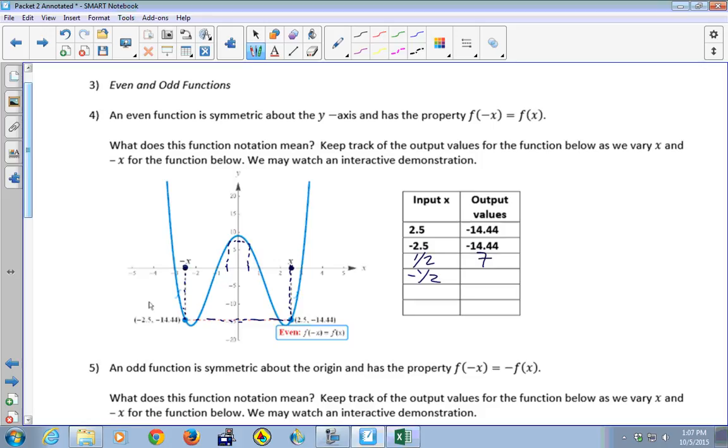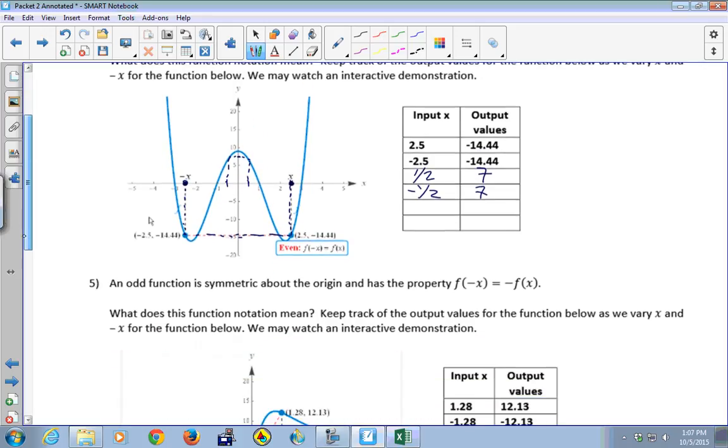Negative 1/2, also 7. So that is how you can check. You can check graphically: does the y-axis look like a mirror? Or you can check algebraically: does putting in a positive and a negative x value give you the exact same y value? We call that an even function, one that has y-axis symmetry.